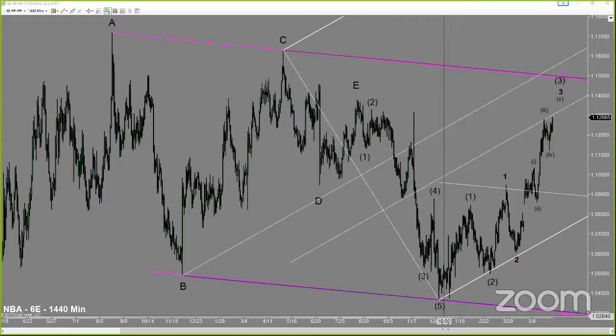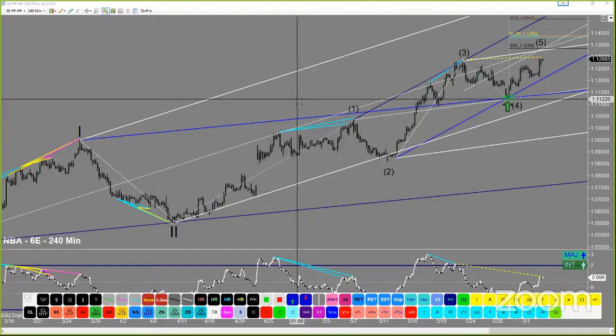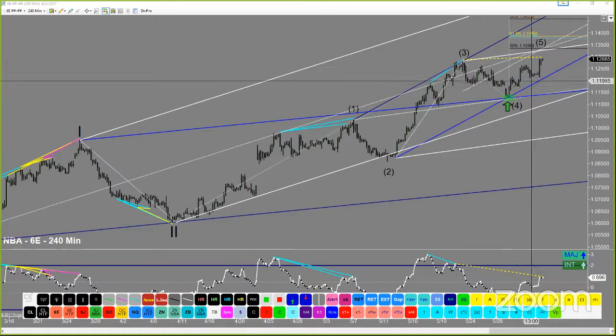So let's just jump down to the 240 minute, because this was probably the trade of the week. It was definitely the trade of the week. Daniel actually took this one for a pretty awesome run. He took three contracts at the low, and then I believe he took one off here.